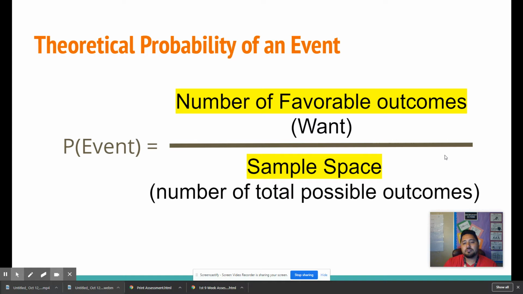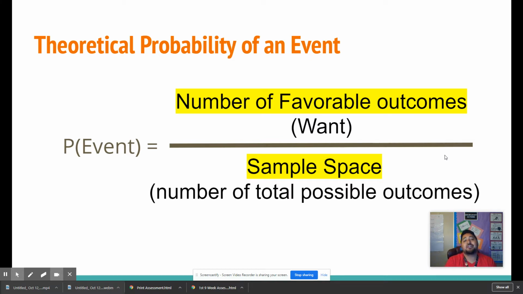Now, we're looking at theoretical probability. Theoretical probability is the theory of probability of a specific event. And so, how we would set this up is we can represent probability through a fraction.